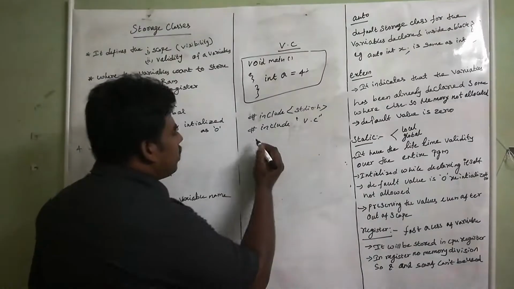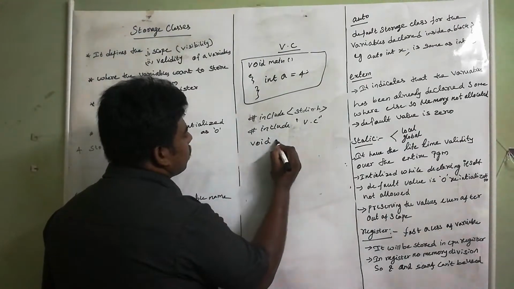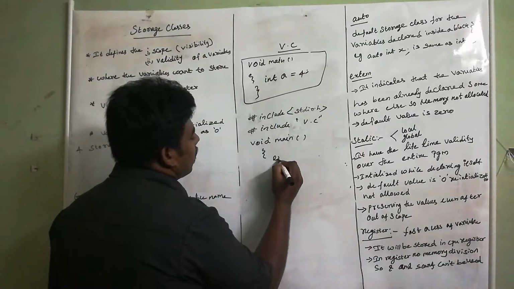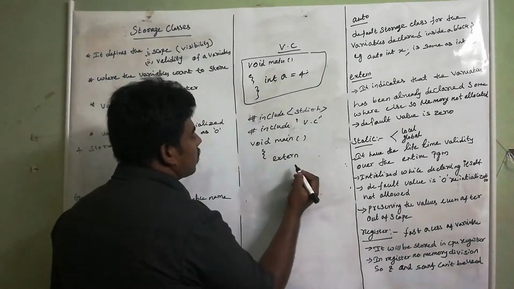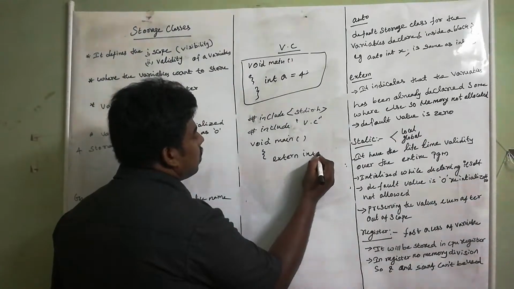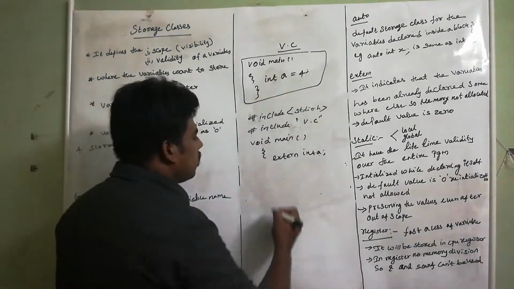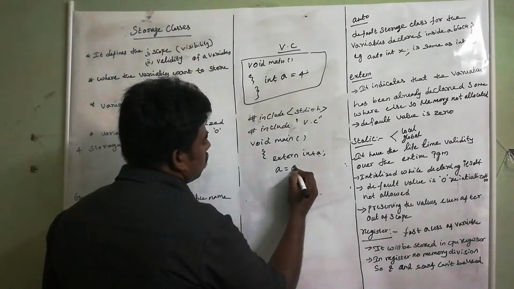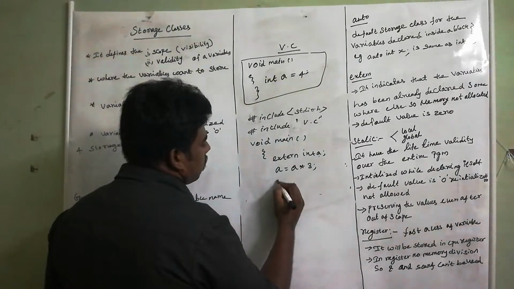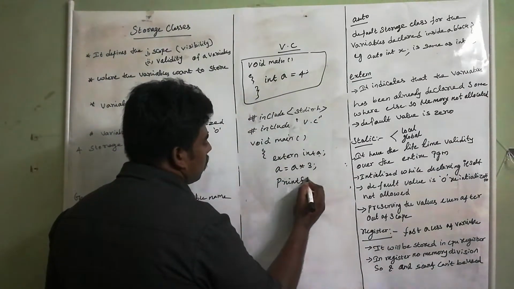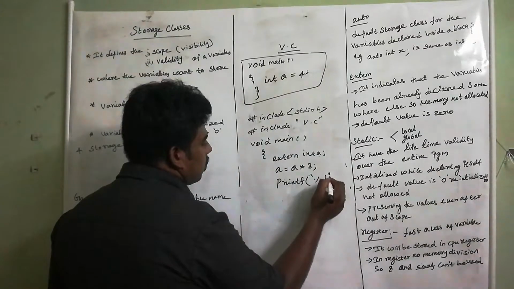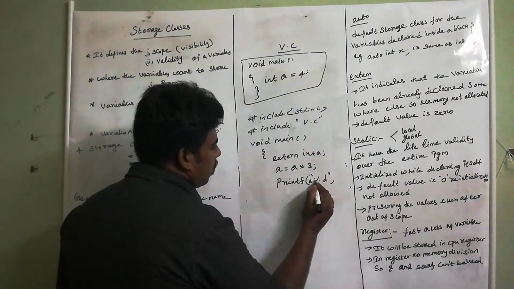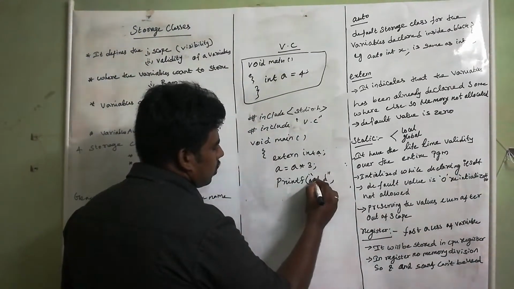Okay, and then normal void main, curly brace, extern int a. Then a = a * 3, printf("a = %d", a).